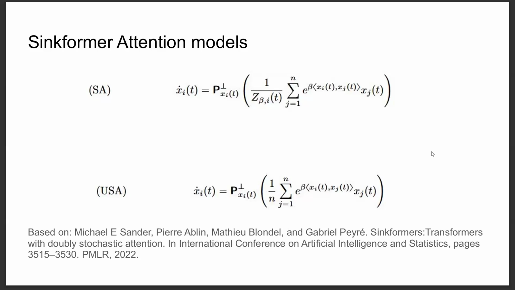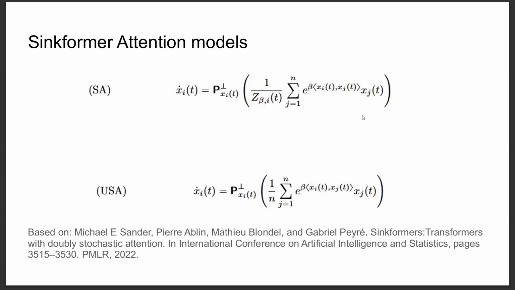This dynamics is based on the paper on transformer architecture, and later I will discuss the cases when the Q, K, and V matrices are not equal to the identity matrix, but for now, let's continue.